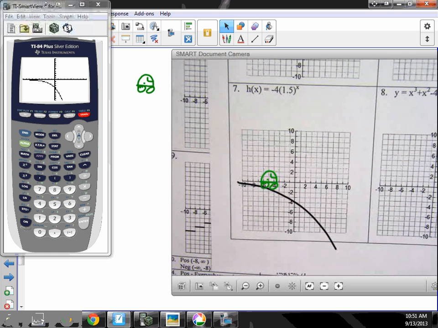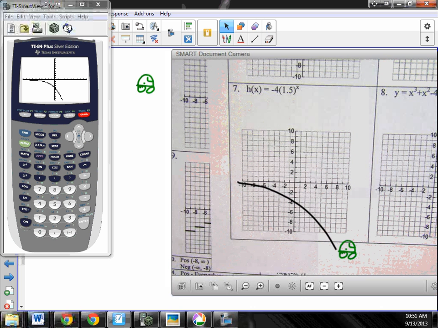I'm going to follow that line down. When is this graph increasing? Never. When is the graph decreasing? Always. It's always decreasing. So that one would be all real numbers.